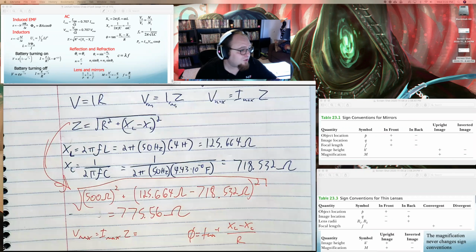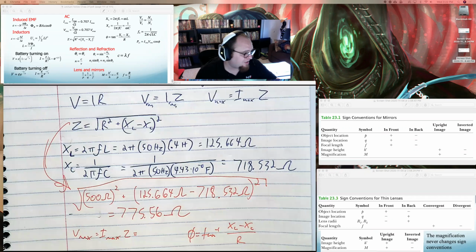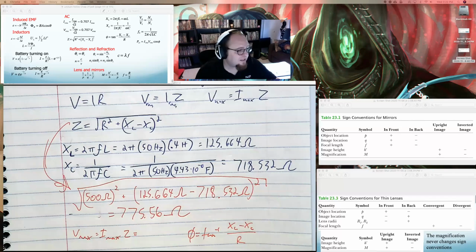Okay. Chapter 26 is the whole reflection, Snell's law, right? Yeah. The thing with this chapter is where I can get tricky with it is literally the geometry. It doesn't get tricky with doing calculations.